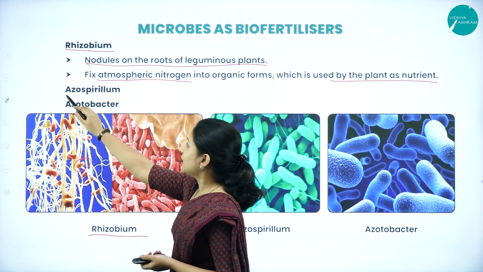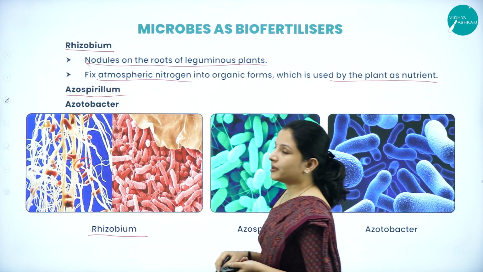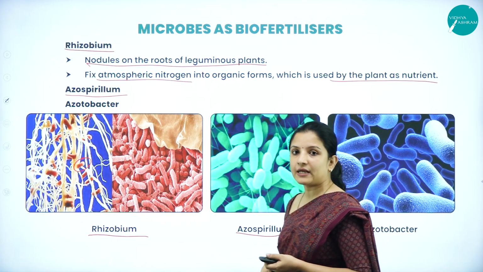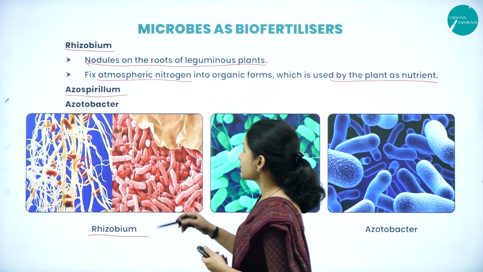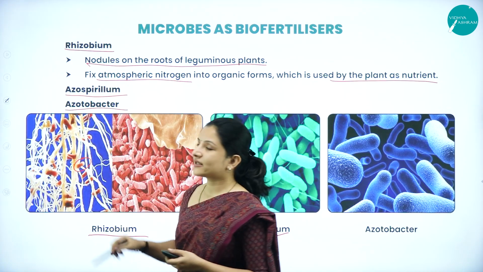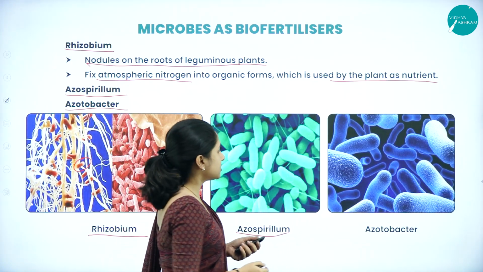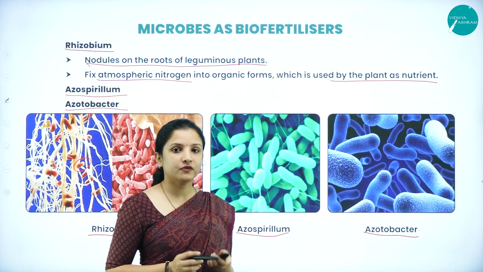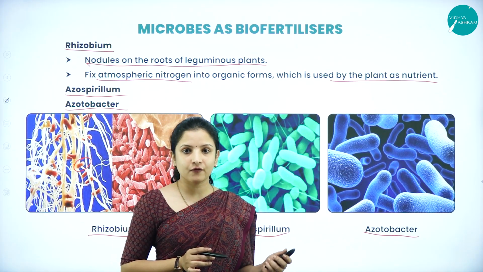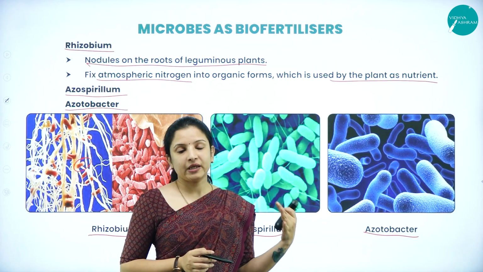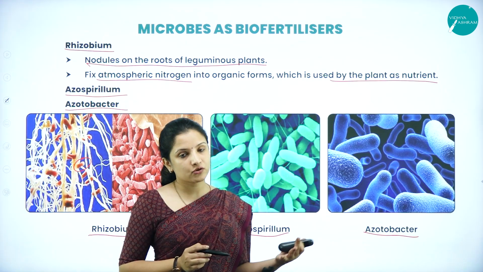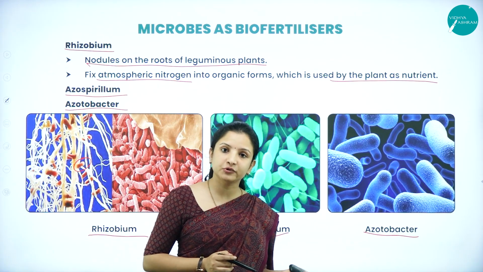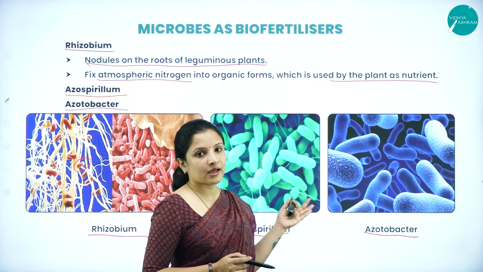One such bacteria is azospirillum, which also helps the plants in nitrogen fixation, and there is one more bacteria called azotobacter. Azotobacter also helps in the fixation of atmospheric nitrogen, making nitrogen available to the plants in the form of nitrates and nitrites so that it can be easily absorbed by the plant. So this is how they actually function.